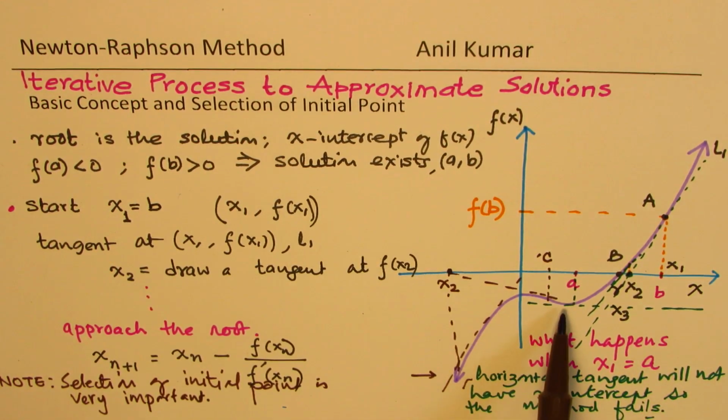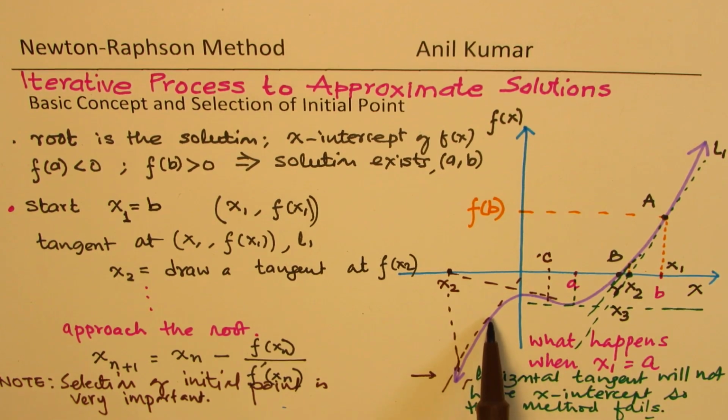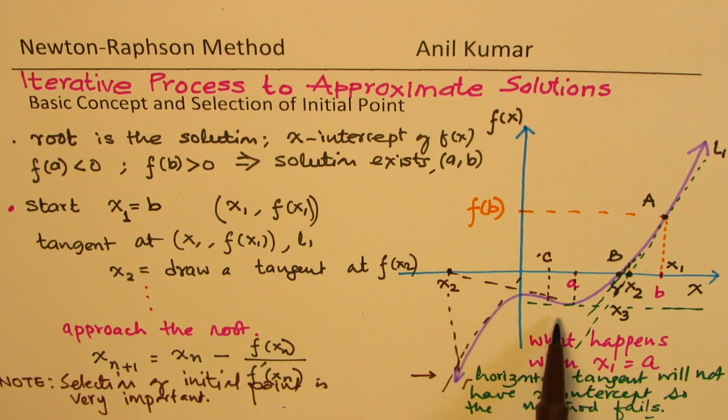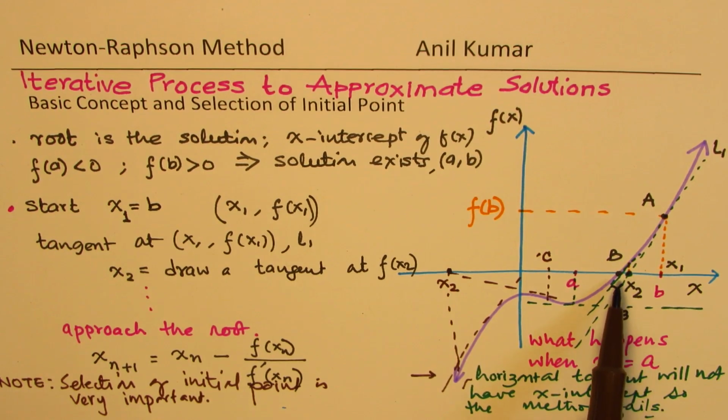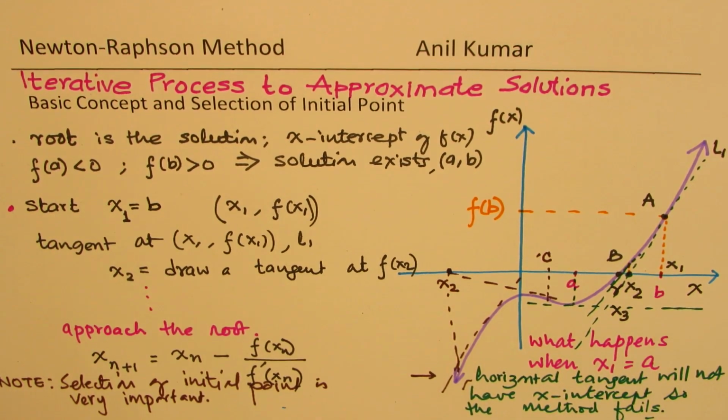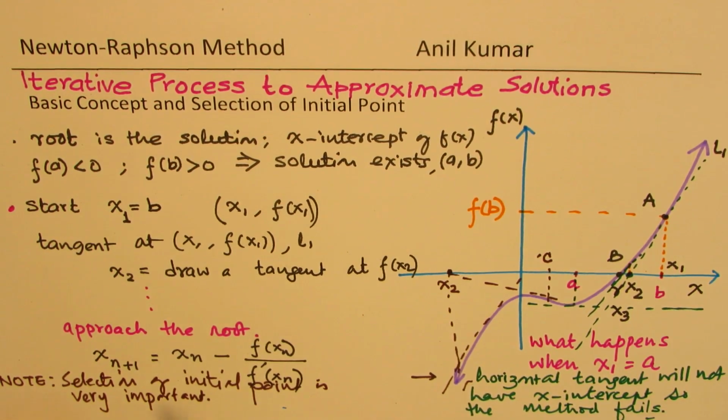Sometimes you may not get a solution, sometimes you may get a solution, but after many trials, you understand. So we need to take a point where the values are converging to the root. Is that clear? Right. So that's kind of key to understand. So I hope that concept is clear. Now with this concept, let's move on and find the derivation of this particular formula.